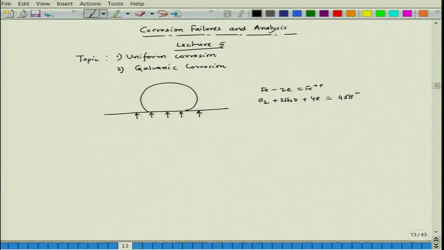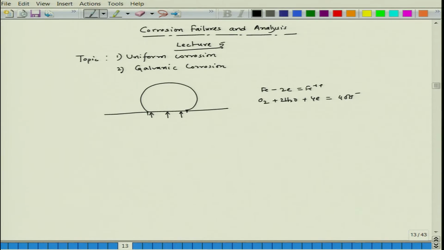So, cathodic and anodic reactions are taking place over the entire iron surface. Apart from this part, because I consider only this electrolyte portion, the droplet which is in contact with the iron surface, these are the two reactions that take place.